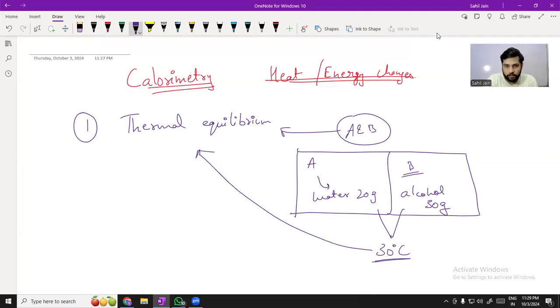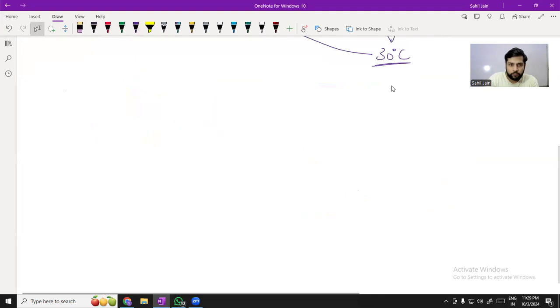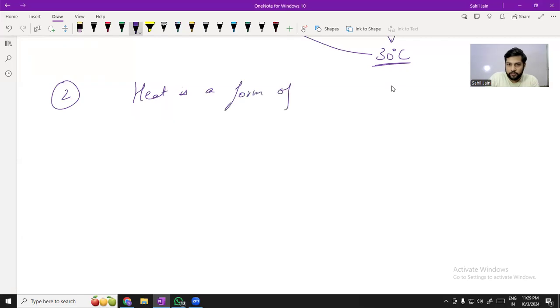Okay. Now, more things you need to learn: heat is a form of energy and can flow from one system to another.